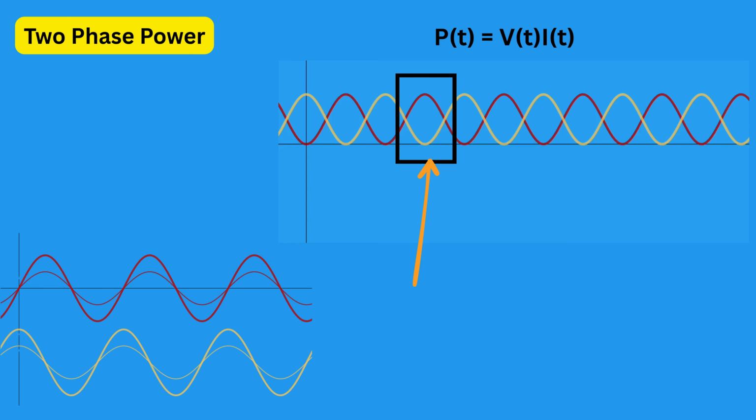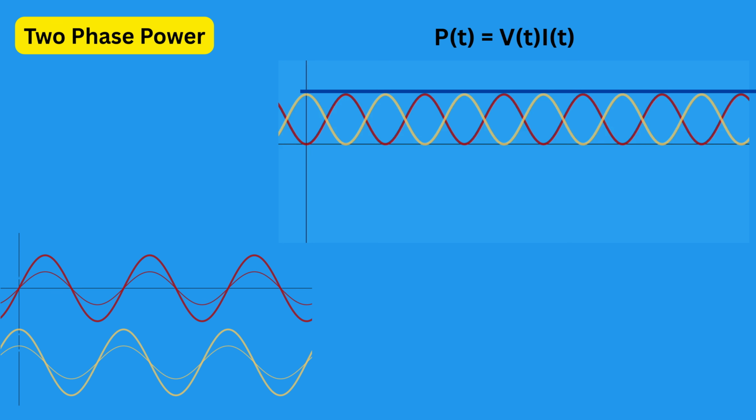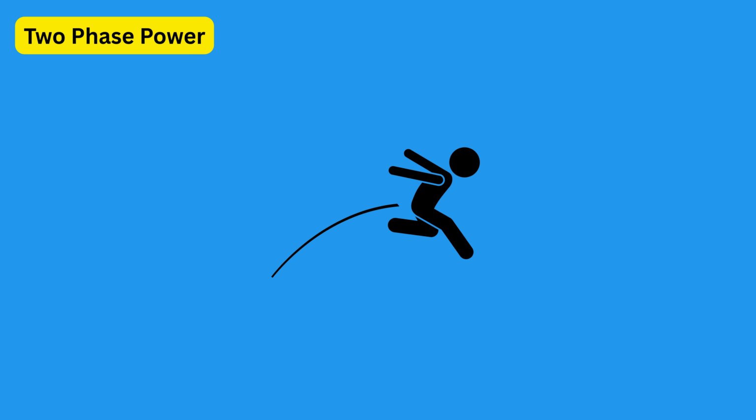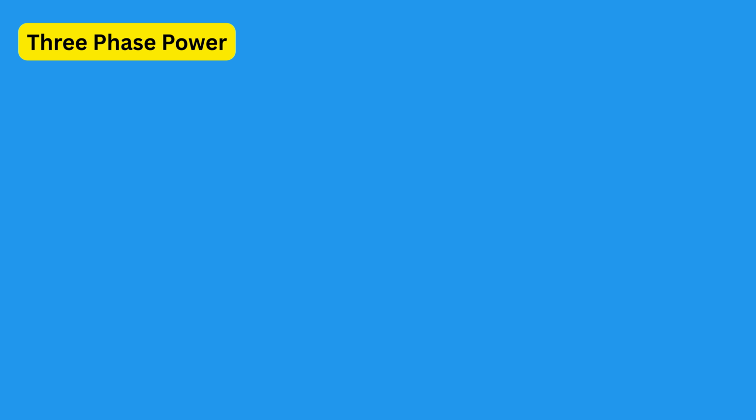When the power from one phase becomes zero, the power from the other phase becomes maximum. As a result, the total power delivered by the two-phase system remains constant at all times. This is a major improvement over single-phase power because the load now receives smooth and uninterrupted power. Taking this idea one step further leads us to three-phase power.